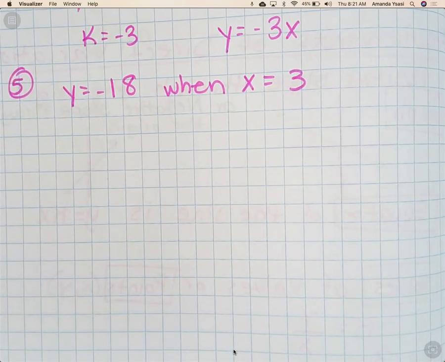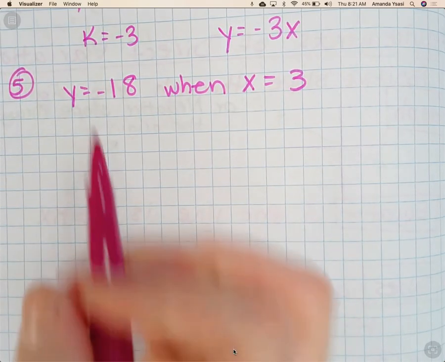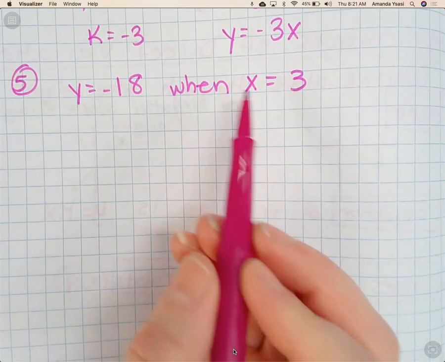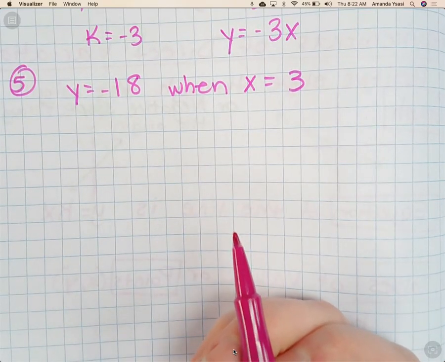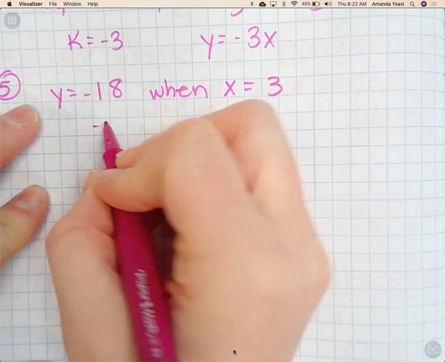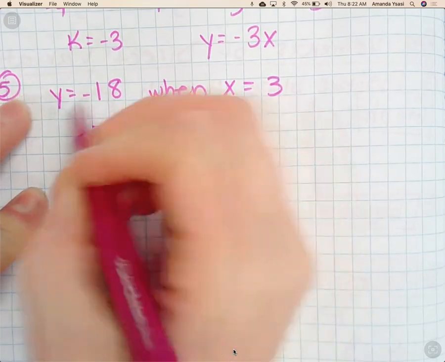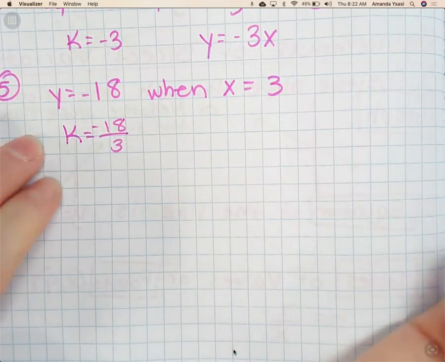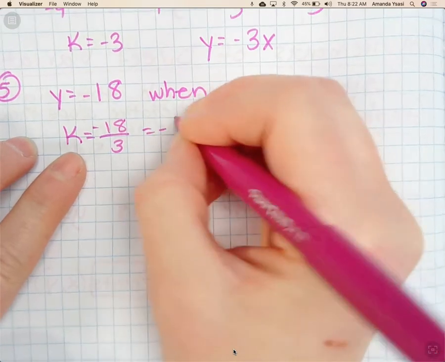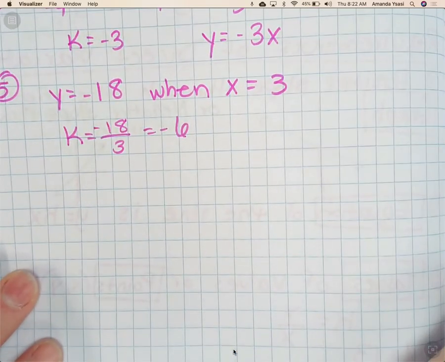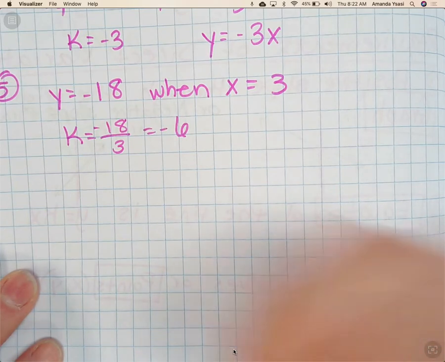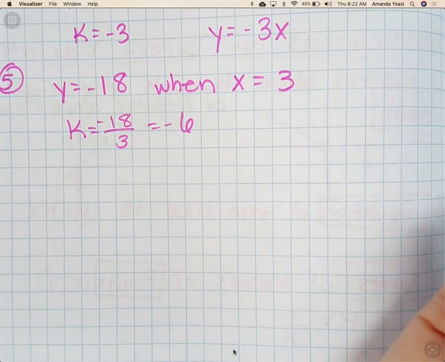Yep, because it'd be -18 over 3. So k equals -18 over 3, which gives us -6. So we know that our constant has to equal -6.